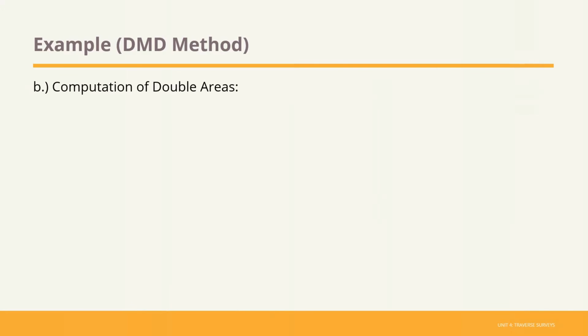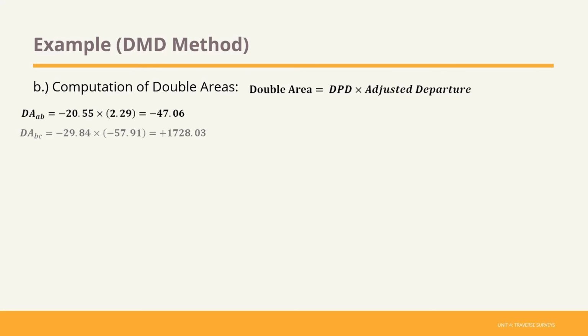Now, after computing DPDs, we'll use them in computing our double area. First is the double area of line AB, which is equal to negative 20.55 times the departure 2.29, which is equal to negative 47.06. The same formula applies for the succeeding double areas.